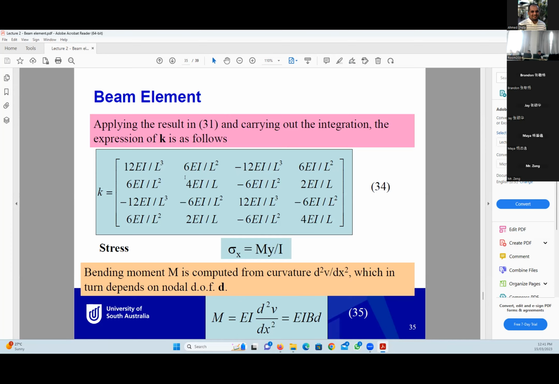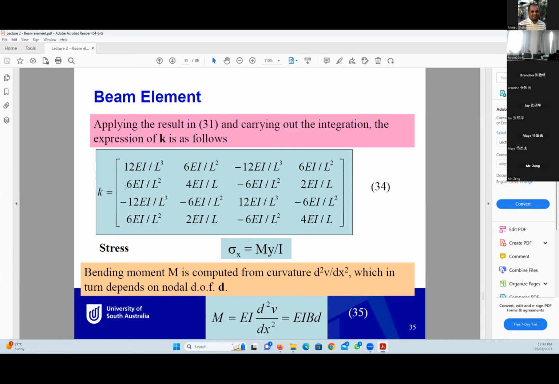If you notice here, the first column is similar to the third column, but the third column is the negative of the first column. So 12, negative 12; 6, negative 6; negative 12, positive 12; 6, negative 6. So the third column is the negative of the first column.